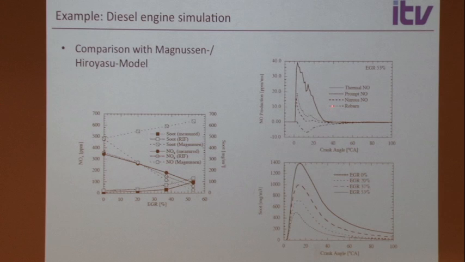This here is total NOx, I think, and this is thermal NOx, this is prompt NO, this is N2O, and this is reburn. And you see, interestingly, prompt and nitrous together make about, I think, a third of the total NOx production.